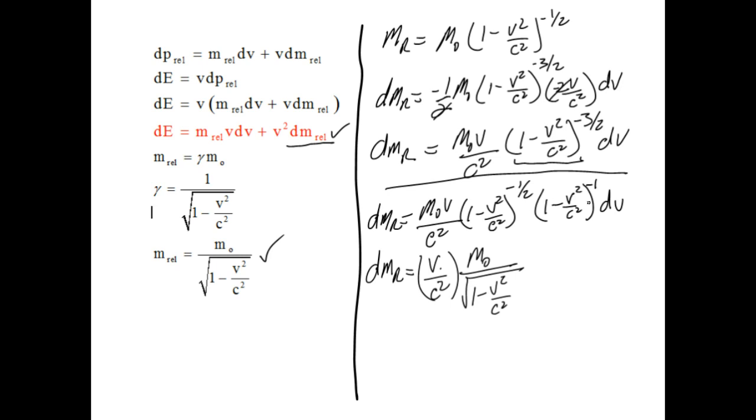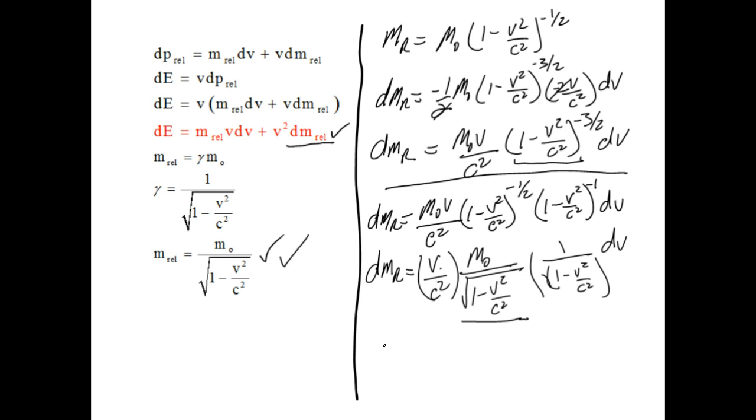And this term raised to the minus 1 is really 1 divided by 1 minus v squared over c squared. And that's dv. And this term here, m naught over the square root of 1 minus v squared divided by c squared, that's equal to this equation right here.